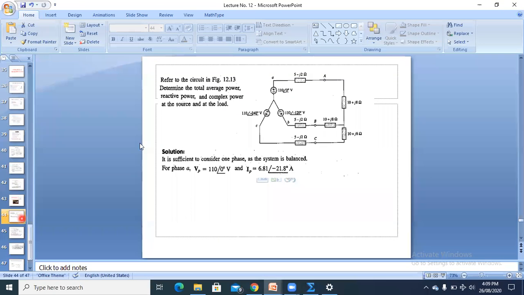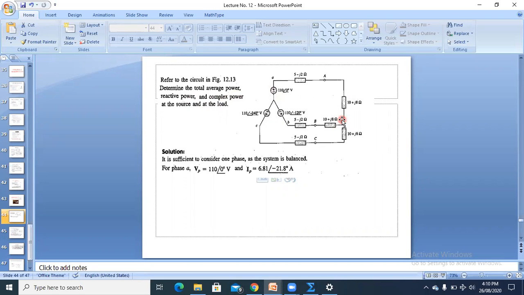So now we have to solve the first problem. The first example. This is a Y-connected system with a load, and we have to calculate the total average power, reactive power, and complex power at the source and at the load. So the load delivered how much power and how much power is dissipated across the network.